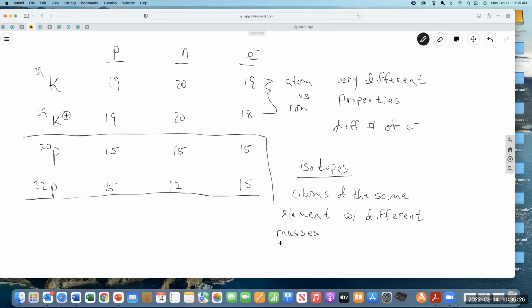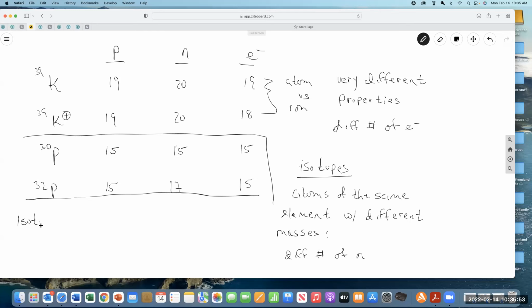Now, structurally, what's different about these? Different number of neutrons. Good. So they have a different number of neutrons. I'll just write N for neutrons. So interestingly, if you change the number of electrons, you change the properties.